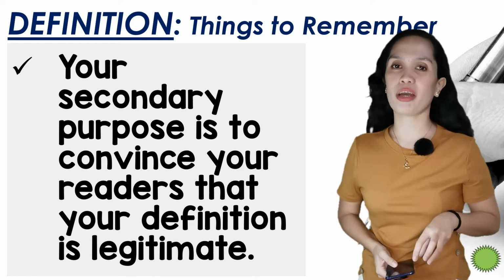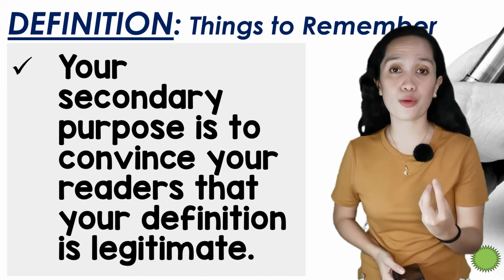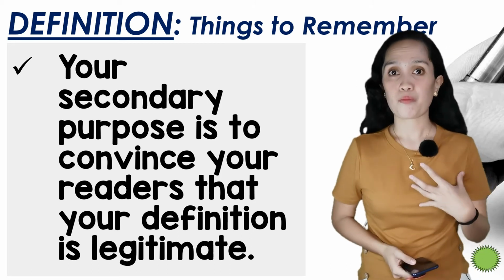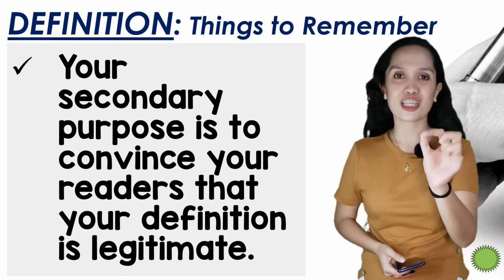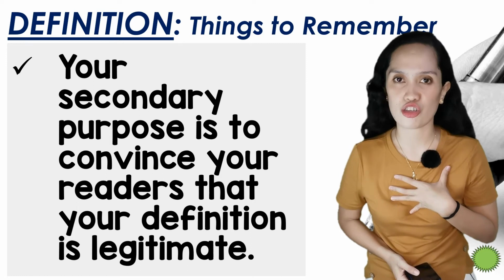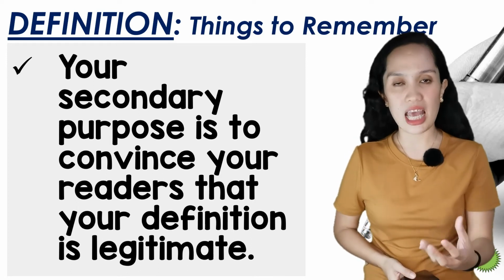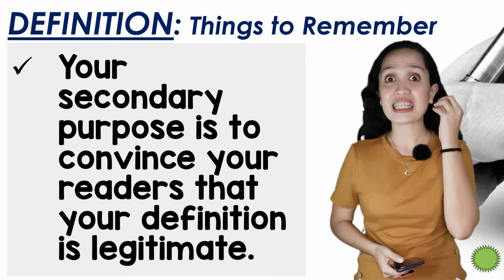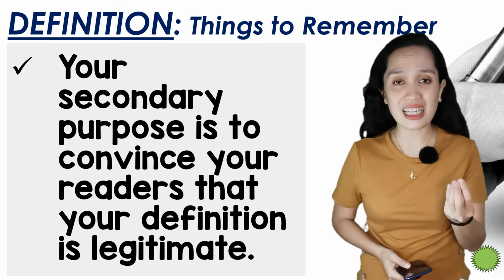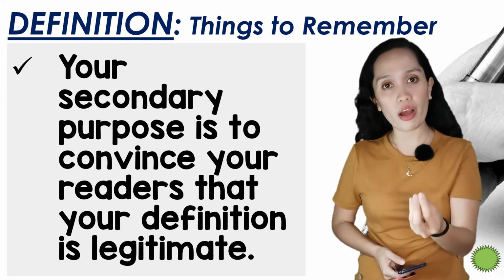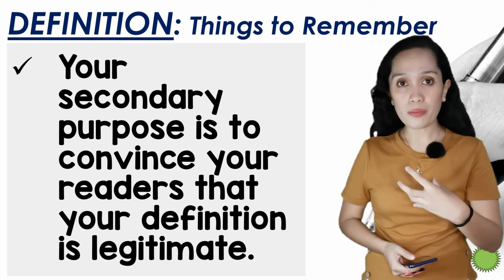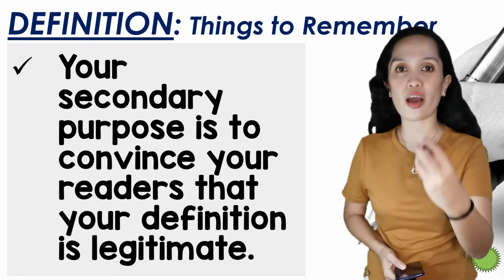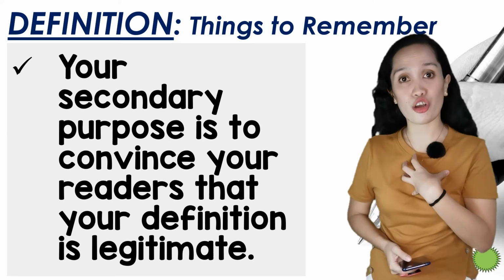So at the end of my essay, I will know that I am successful and I use the pattern well because my readers would accept my definition as legitimate, as something that makes sense. So that is one of the goals of definition, to allow your readers to accept your definition of the term or of the concept.